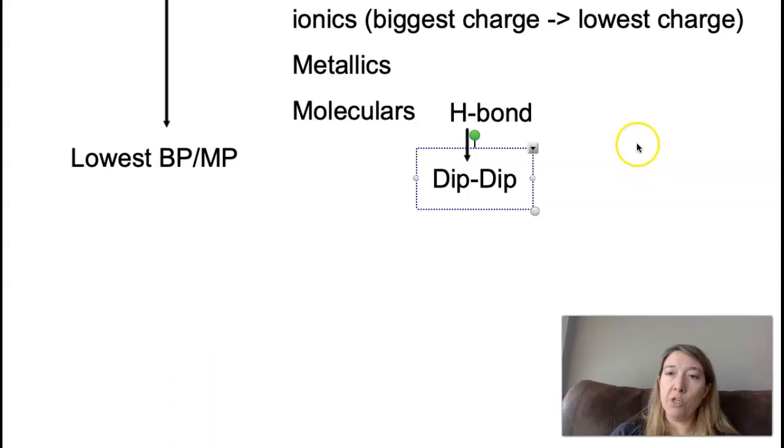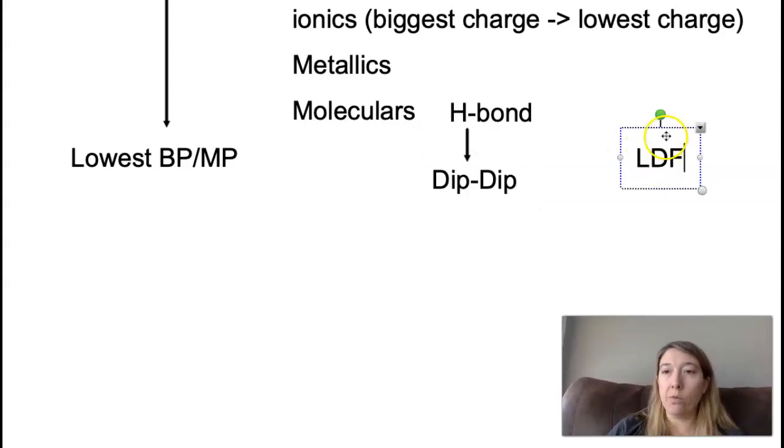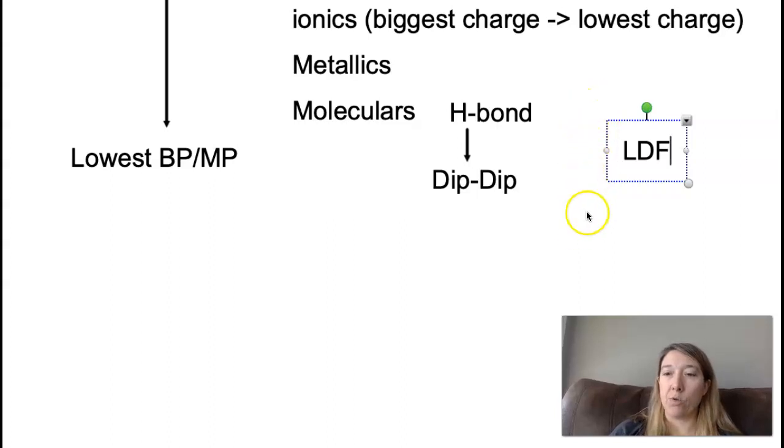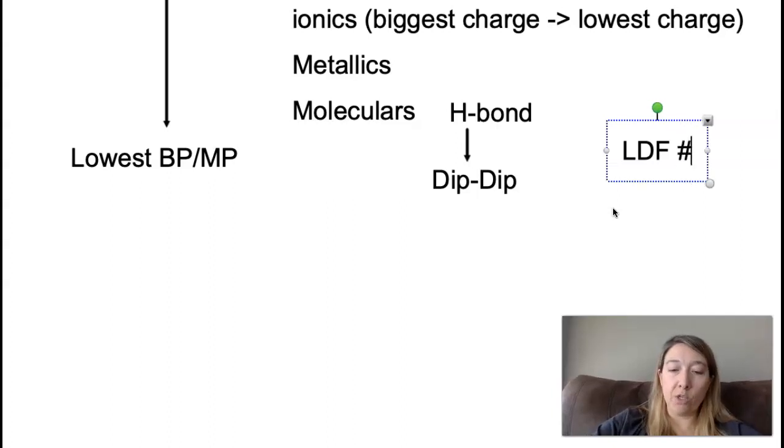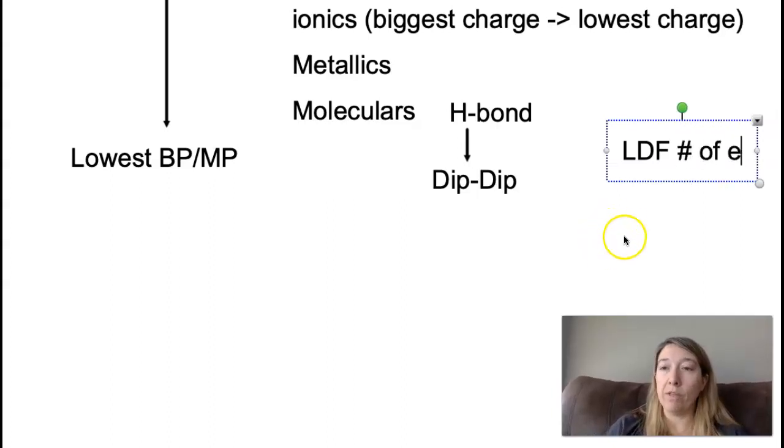Our London dispersion forces, we're just going to set off to the side, because, like I talked about, they can vary in strength from strongest to weakest. If the molecules I'm comparing both only have London dispersion forces, then I want to look at the number of electrons. We talked about how the strength of the LDF is dependent upon the number of electrons.